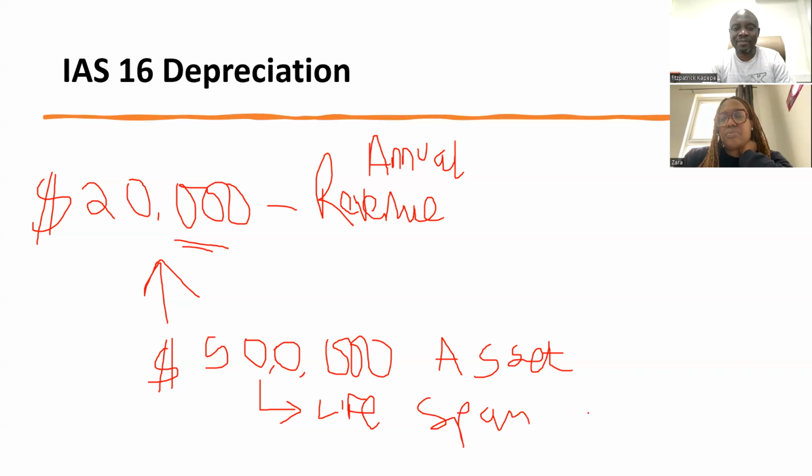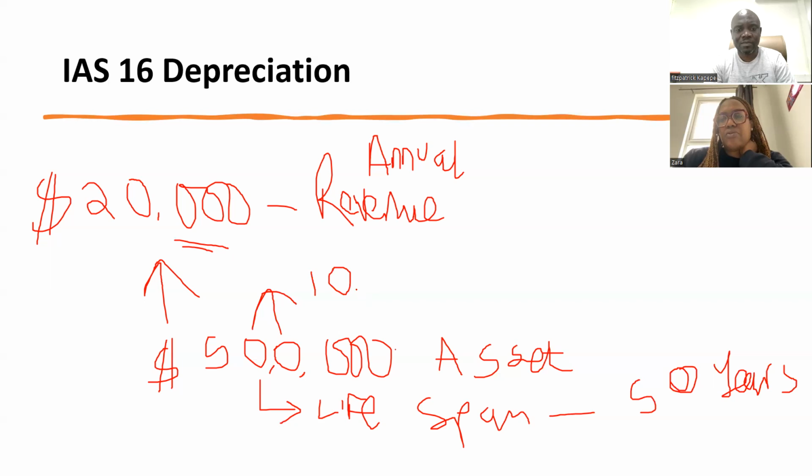So if the lifespan is 50 years, then for argument's sake the value of the asset that was used to generate this revenue is the 10,000.